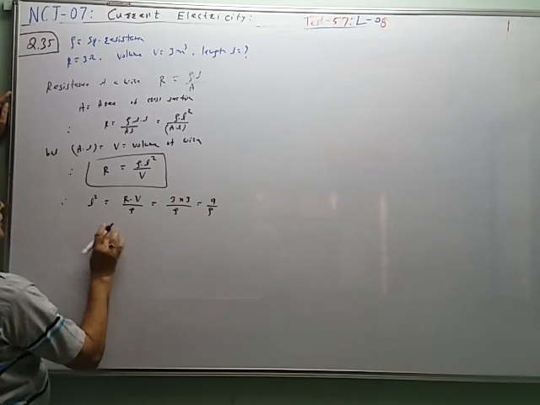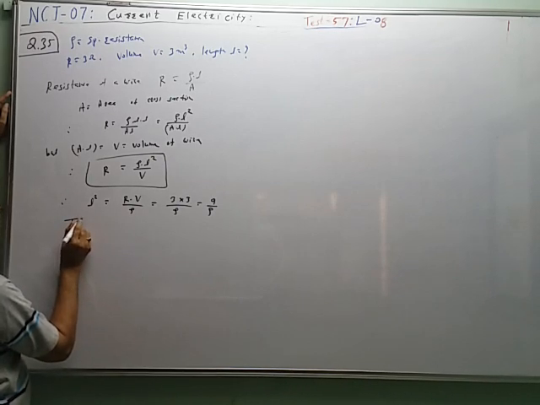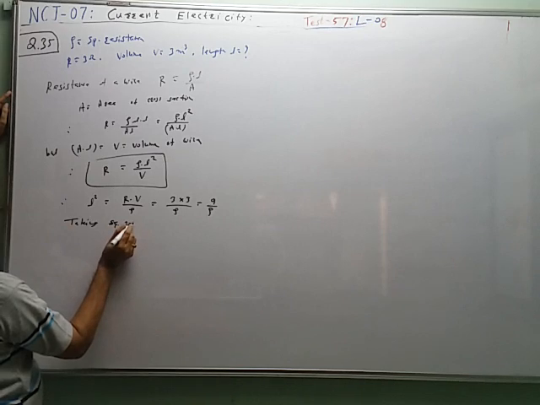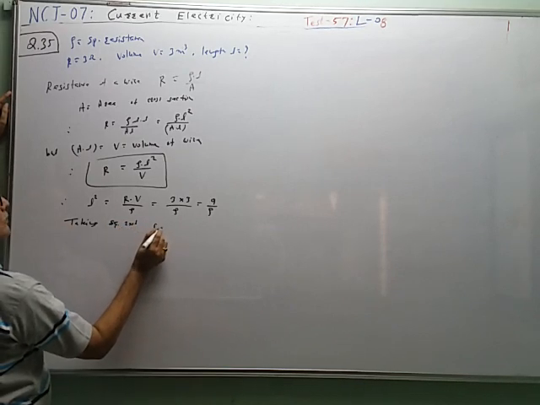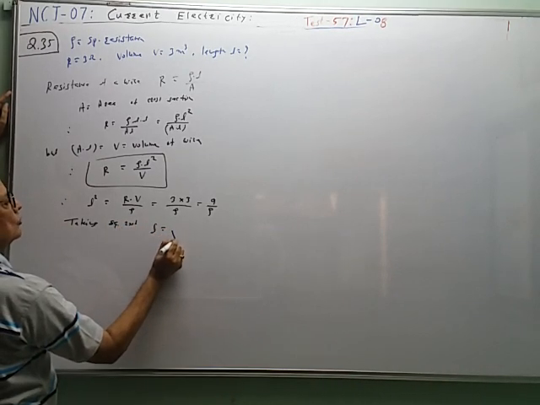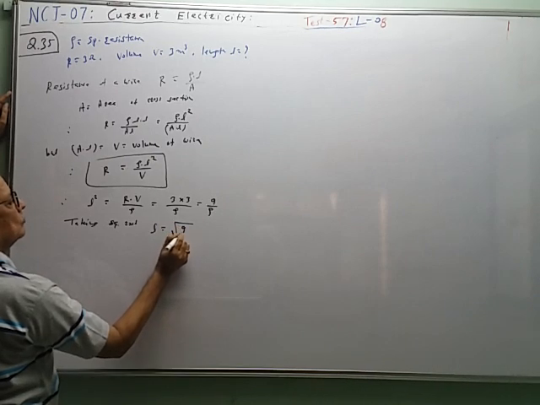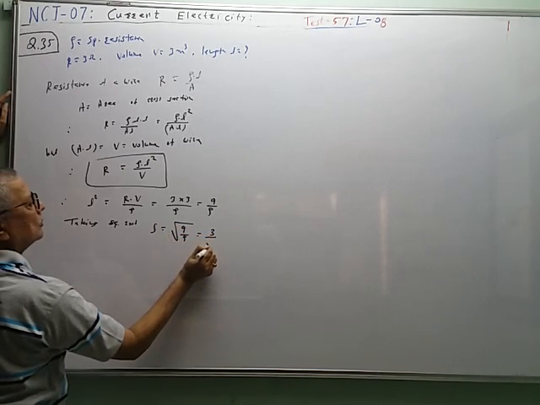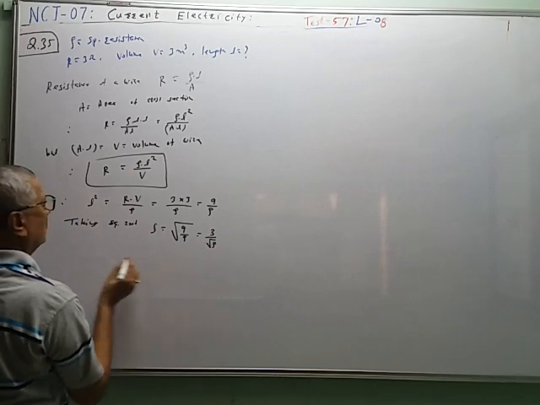And therefore taking square root, L is equal to root 9 by rho, that is equal to 3 upon under root rho.